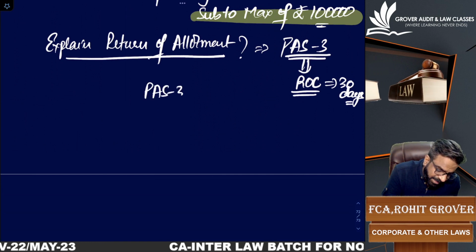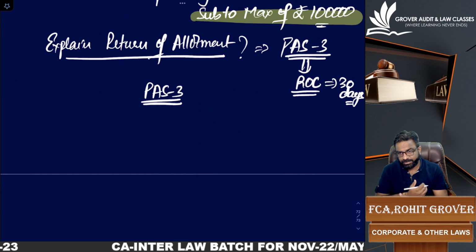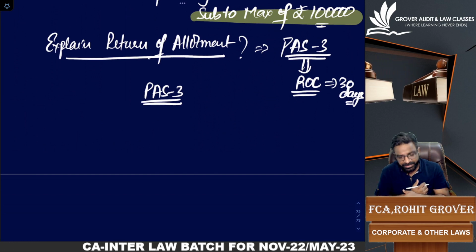Companies generally file PAS3 when the allotment is finished.